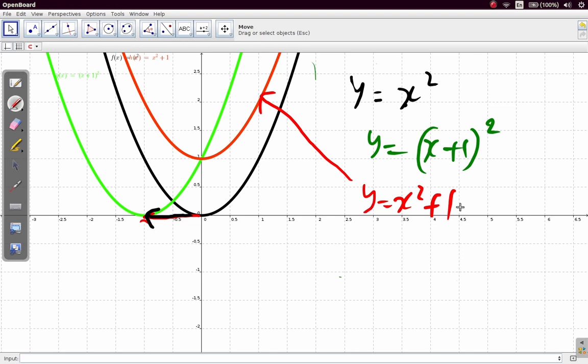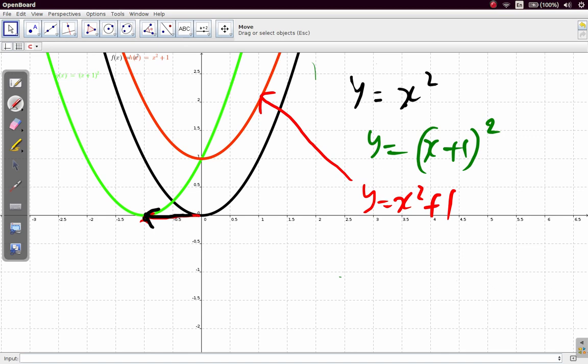Why does it move it to the left instead of to the right, when it's plus 1, right? Well, you can imagine that if we consider the green graph and we want to move it back to match the black graph, our x squared, we would have to add 1 to each point.